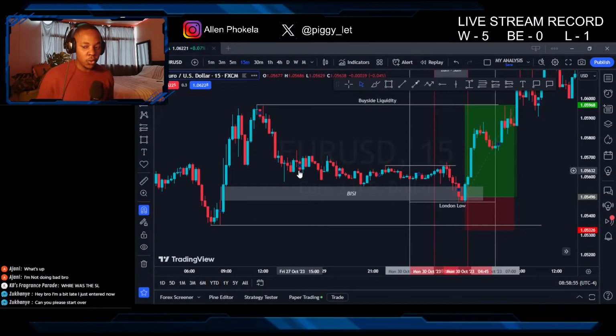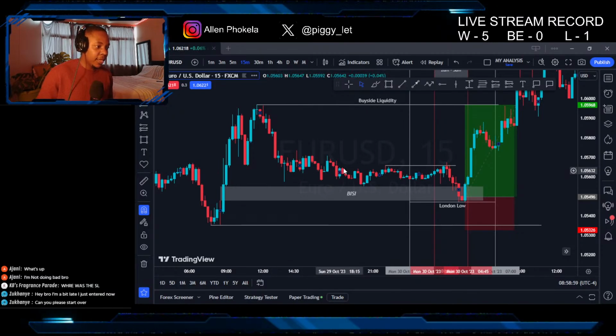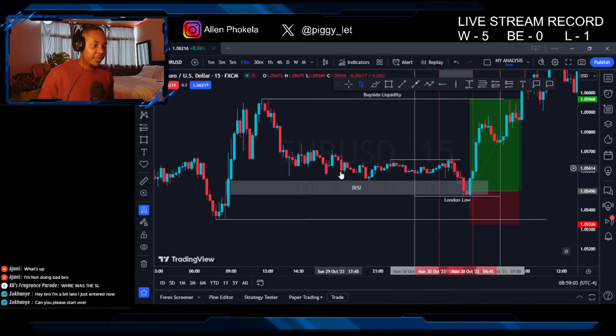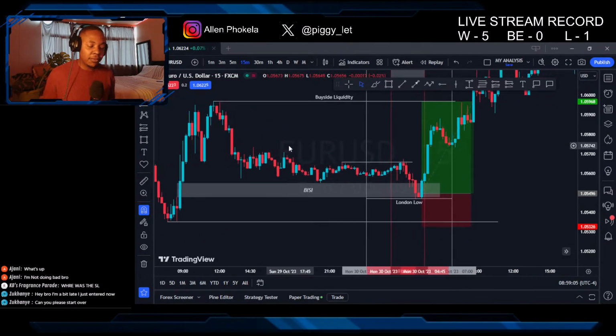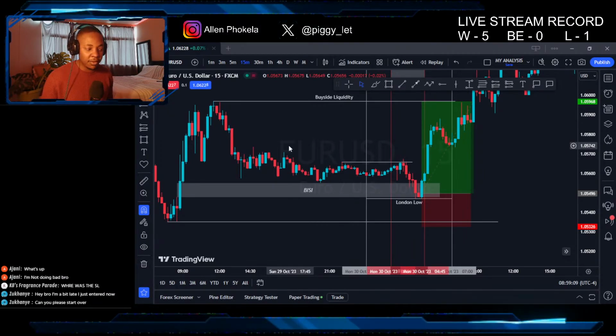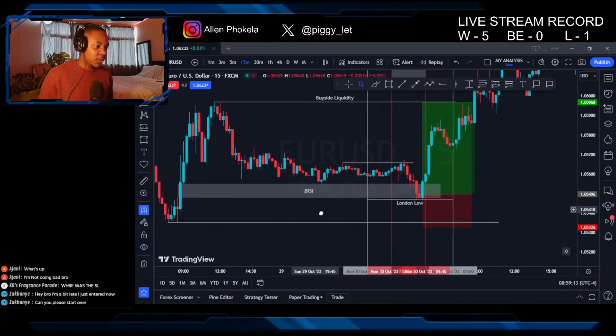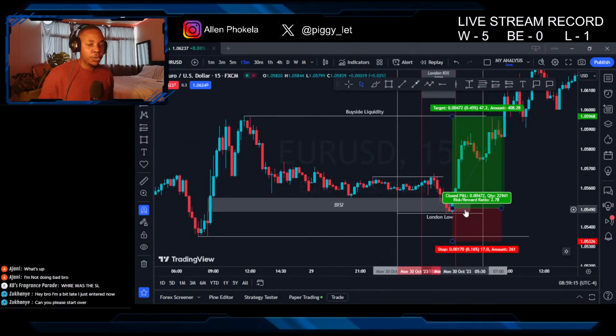And always look for, especially because this is a scalp, if you're using the kill zone, the silver bullet, it's a quick scalp for the London session. Unless you're looking for a swing trade to hold for the next 2 days or whatever. But if you just want to use this kill zone entry, always look for 25 to 50 pips.